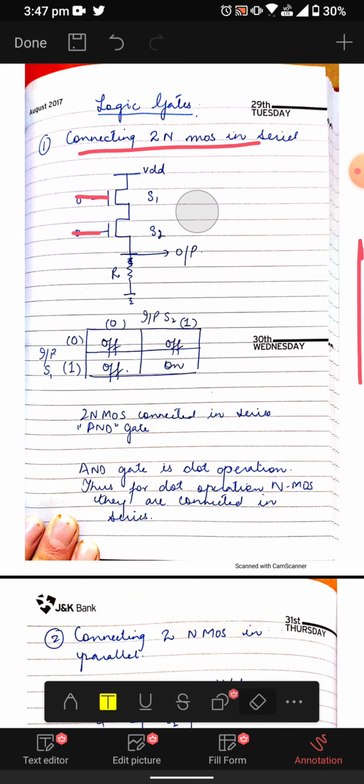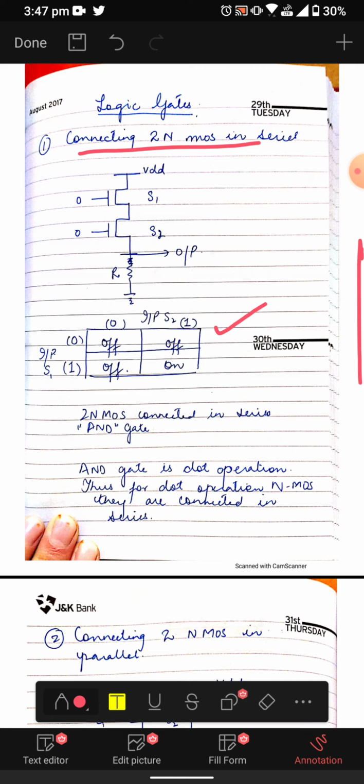Here I have drawn a small truth table. This is the input side for my transistor S1 and here is the input for transistor S2. When the inputs to both the transistors are 0, what will happen?